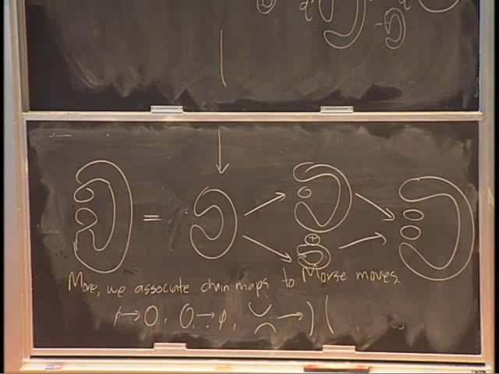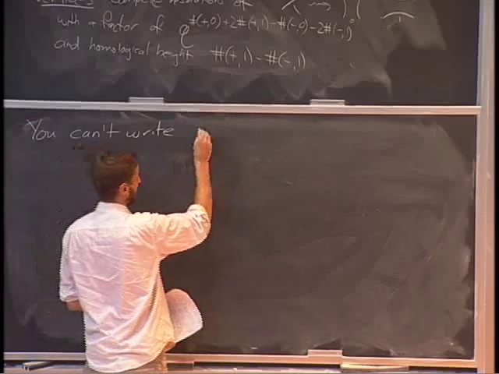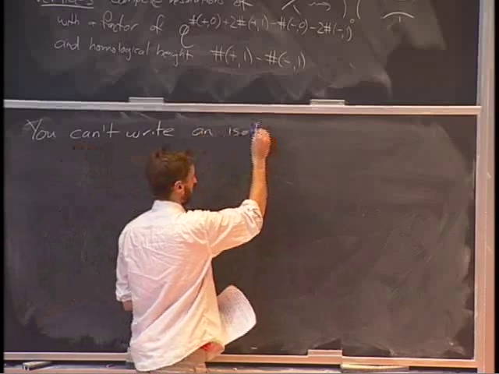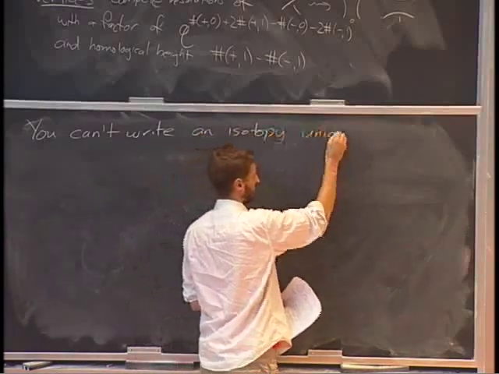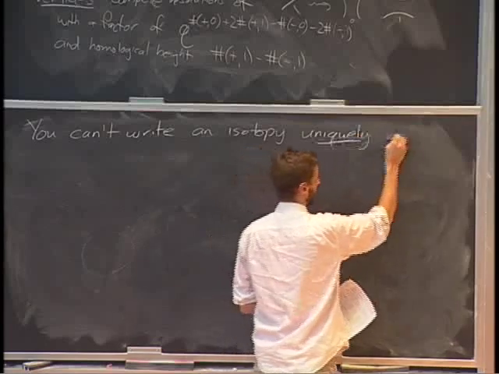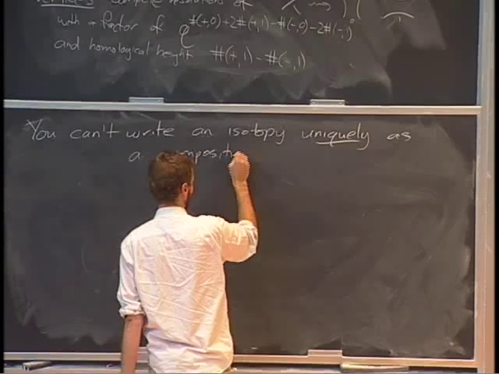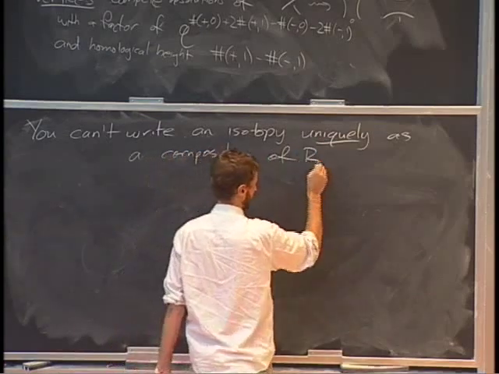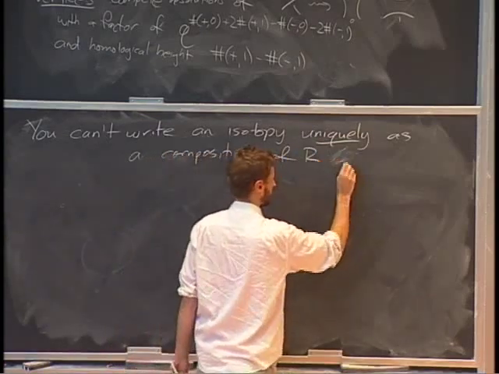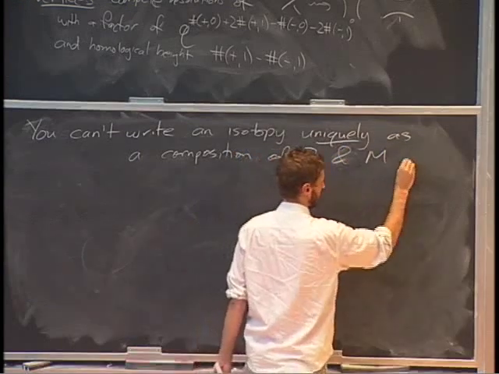And so if we just try and define the chain map we want by taking the composition of all the chain maps, we have to be careful. You can't write an isotopy uniquely as a composition of Reidemeister and Morse moves.